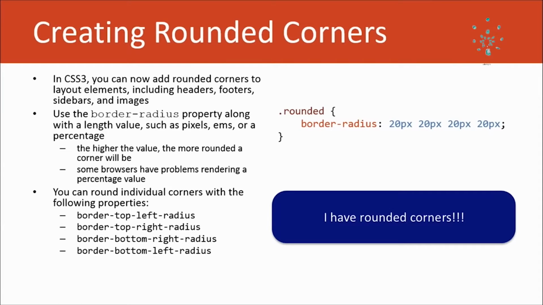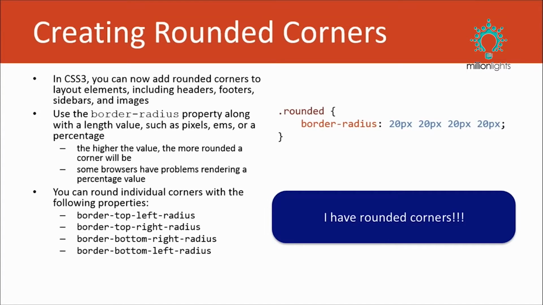You can create rounded corners with just a couple of properties, actually one property more specifically. But you can also modify and round individual corners. So you use the border radius property along with the length value such as pixels, ems, or a percentage. And the higher that pixel value is, the more rounded the corners will appear.